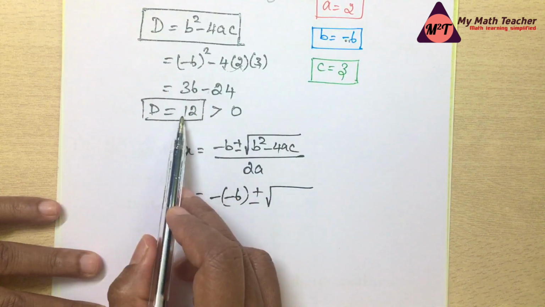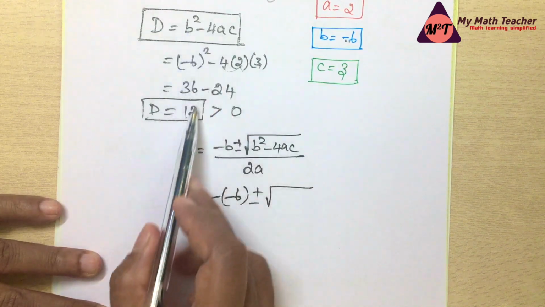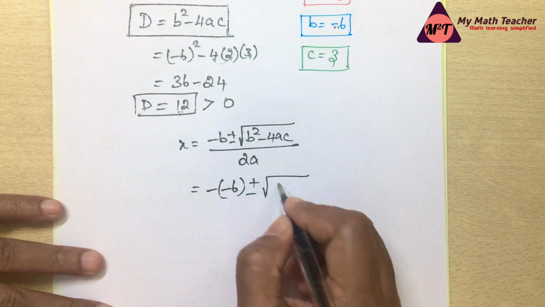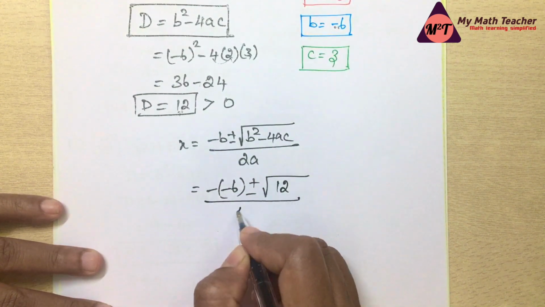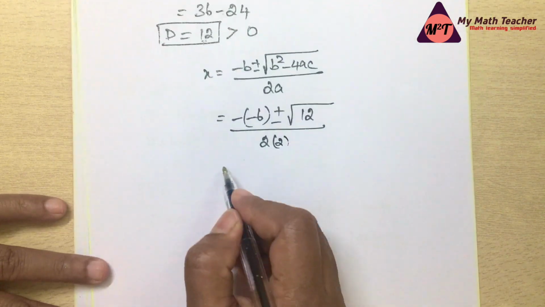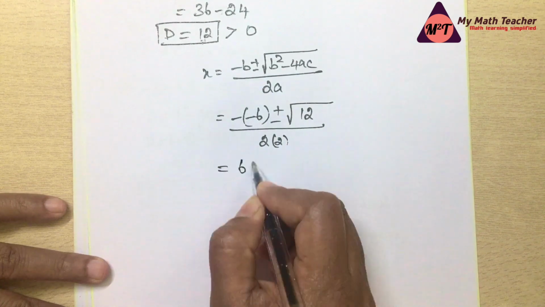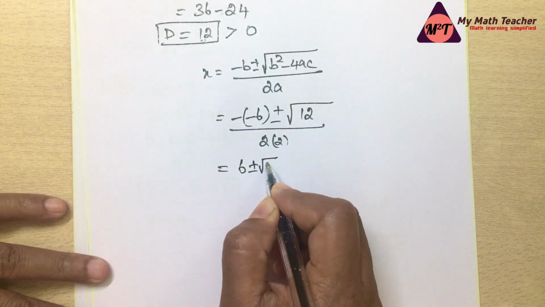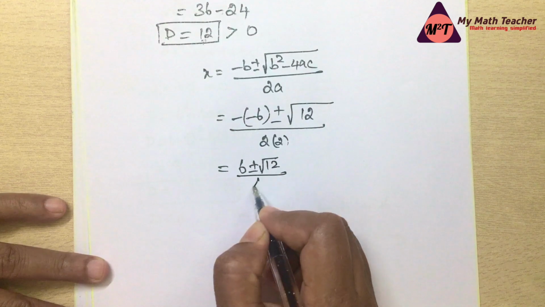Already you have got the final answer, b square minus 4ac here is 12. Divided by 2 into a, which is 2. Now it is 6 plus or minus square root of 12 by 4.